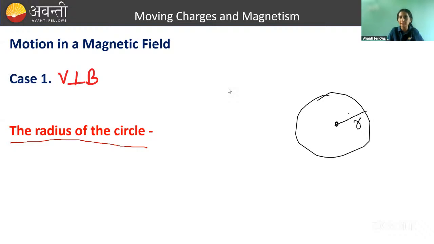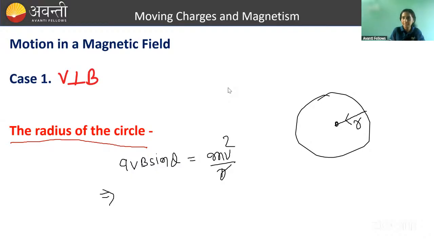You already know the centripetal force here. Here centripetal force is getting provided by magnetic force acting, and that is equal to QVB sin theta, and this will be equal to mv square by r, क्योंकि centripetal force को हम किससे equate करते हैं? mv square by r से. So theta here is 90 degree because v is perpendicular to b.